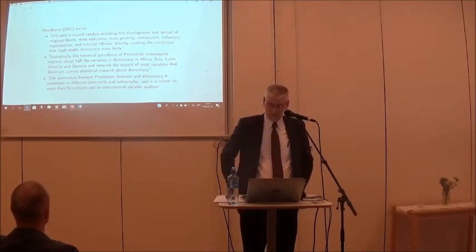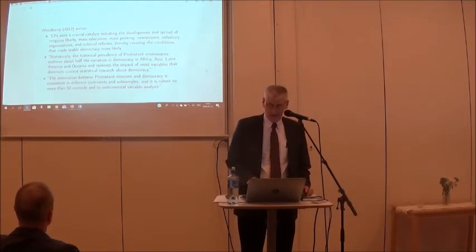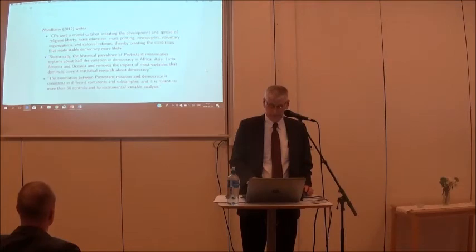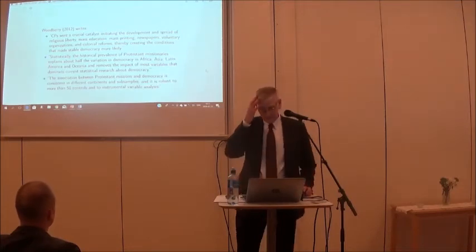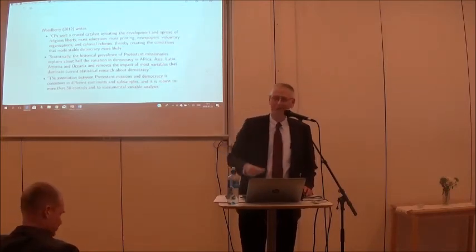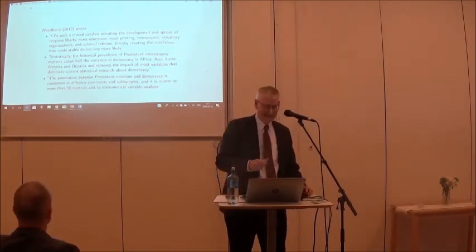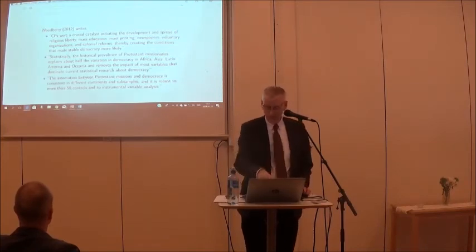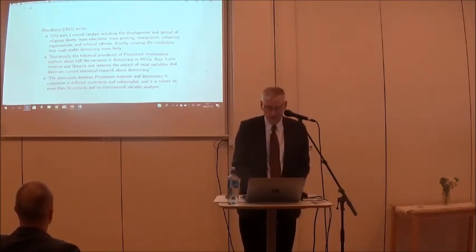Statistically, the historical prevalence of Protestant missionaries explains about half the variation in democracy in Africa, Asia, Latin America, and Oceania. By the way, Oceania, I was wondering, what is that? It's Australia, New Zealand, the area around there. It may not be a common term, but that's what he's referring to. And it removes the impact of most variables that dominate current statistical research about democracy.